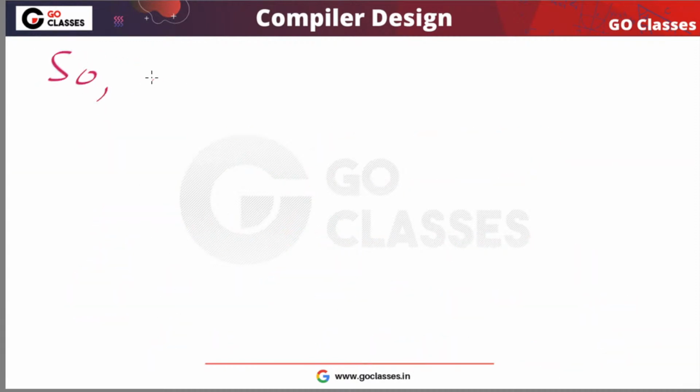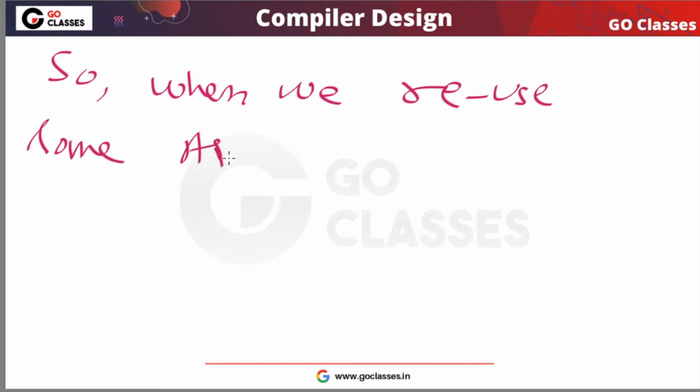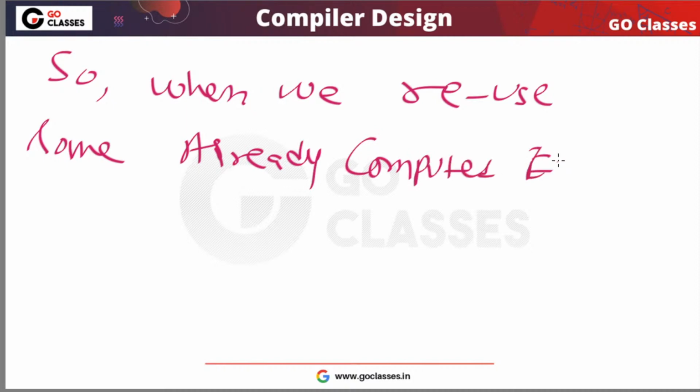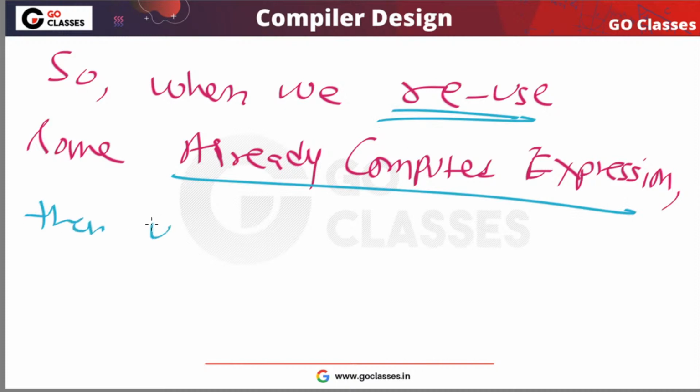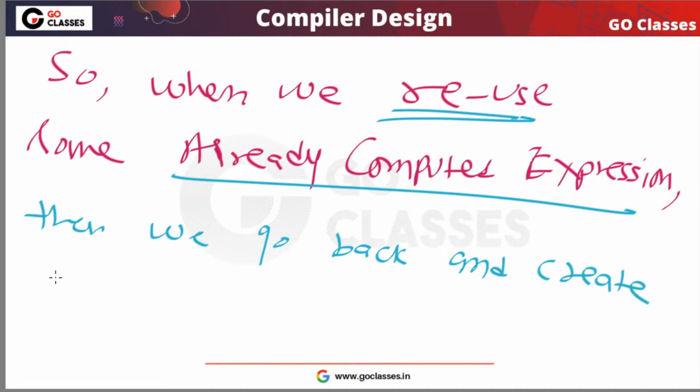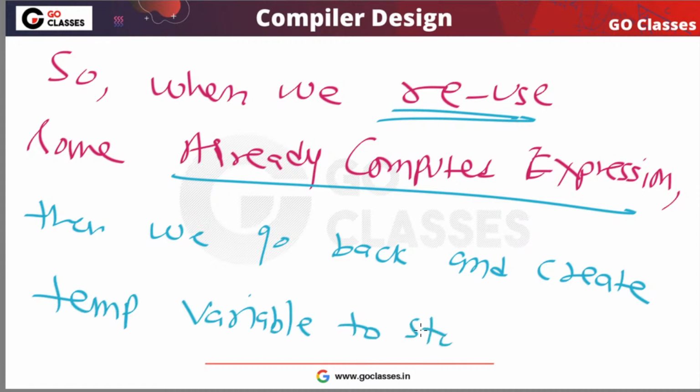When we reuse some already computed expression, then we go back and create a temporary variable to store that expression. This is what our algorithm has done.